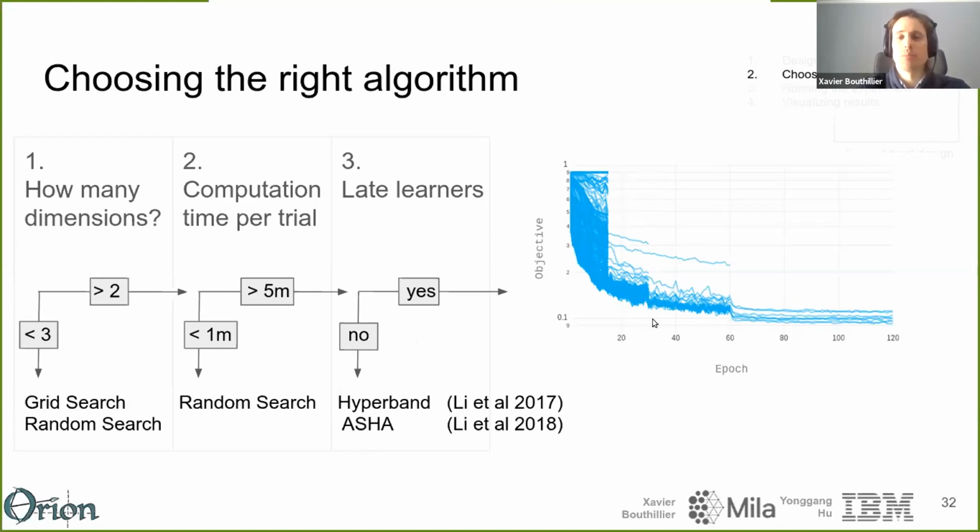Just to give an example here, the blue curves are the learning curves of different models, so different sets of hyperparameters. The x-axis is the number of epochs, the y-axis is the objective. As the training goes, the objective is getting better and better. Here in this case, the lower the better. What these algorithms do is sample a lot of different sets of hyperparameters.